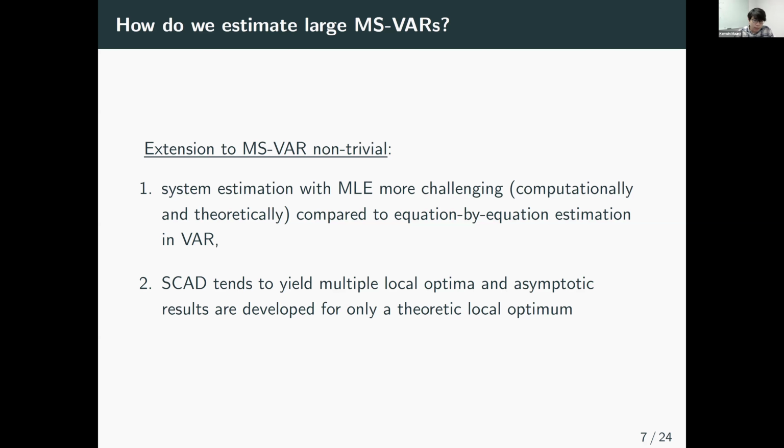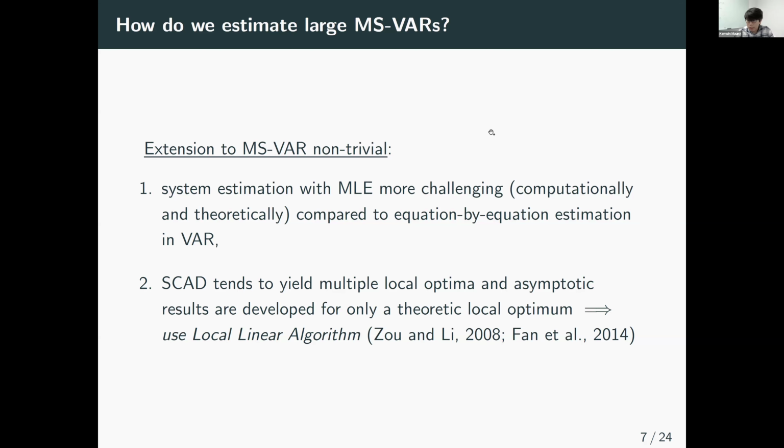Unfortunately, the asymptotic results that we have tend to only be developed for a theoretic local optimum. So to counteract that, instead of trying to identify that local optimal point for which the theoretical properties will be satisfied, we're going to use this so-called local linear algorithm to bound the probability that we have found a theoretic local optimum.